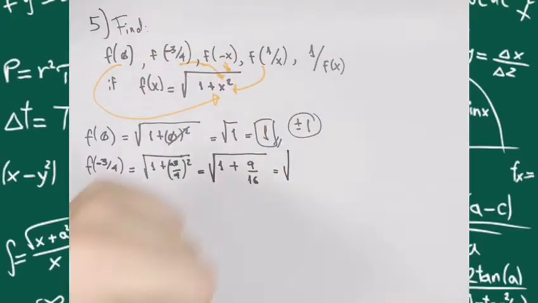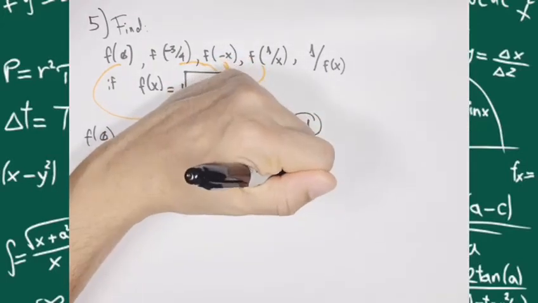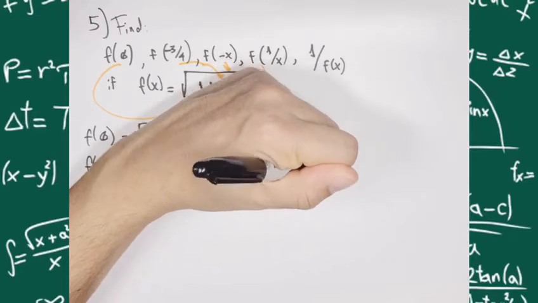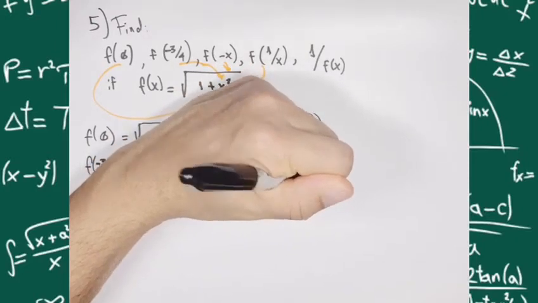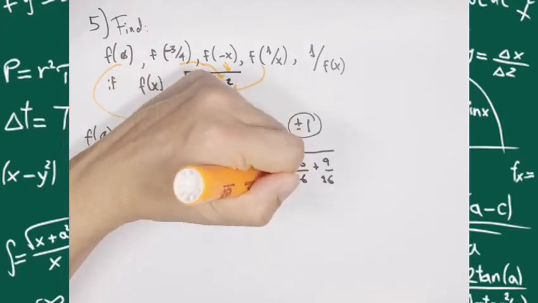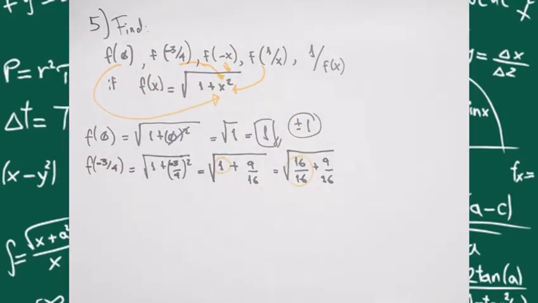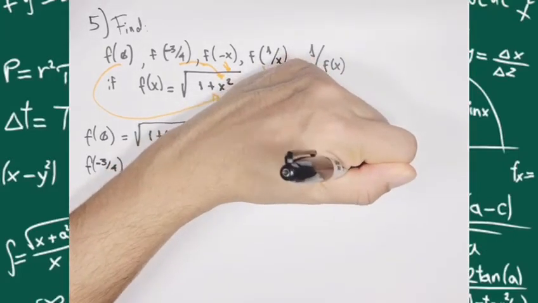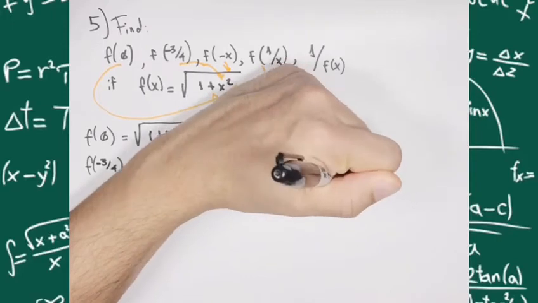So we're going to operate this and make it a little bit simpler. Here we have to do the tricky part, the simplification. What I'm doing right now is rearranging the 1 into a more familiar expression. 1 is the same thing as 16 sixteenths, because 16 divided by 16 is 1. I want to operate the addition of the fractions in a way that is helpful, and that way I can simplify the entire expression.